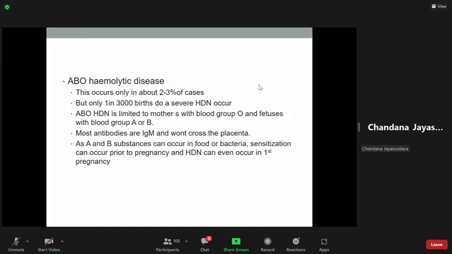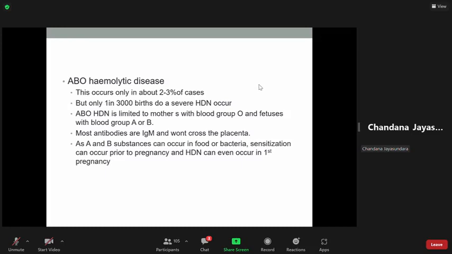But the problem is, unlike in the Rh system where maternal and fetal blood mixing is essential for sensitization, the ABO system does not need a mixing of maternal and fetal blood.